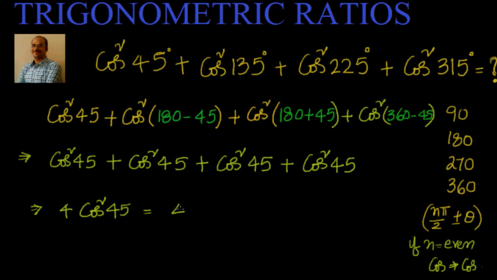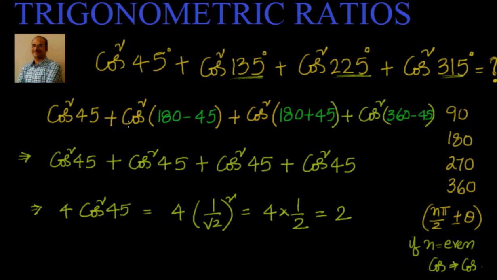We know that cos 45 equals 1 by root 2. So this is 4 into 1 by root 2 whole square. That's equal to 4 into 1 by 2. That's equal to 2.